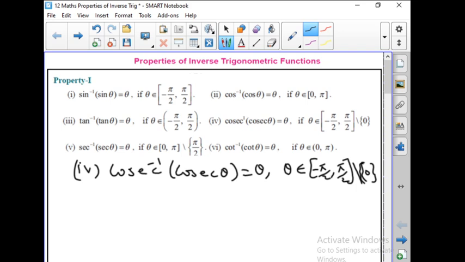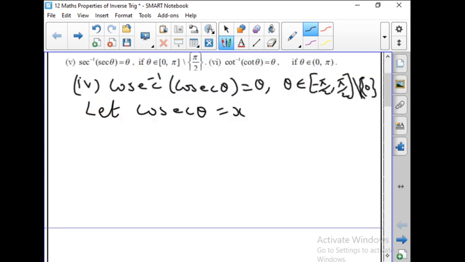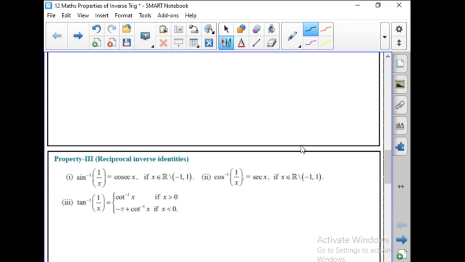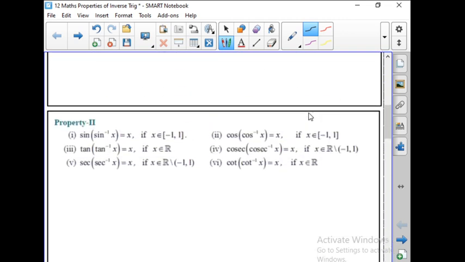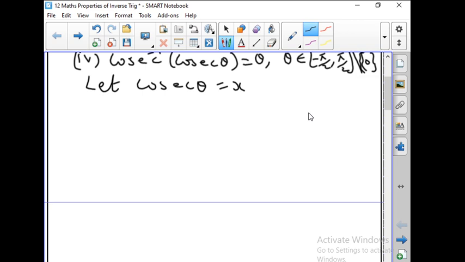So now let cosecant theta be equal to x. When cosecant theta is equal to x, what is theta? Theta is equal to cosecant inverse of x.